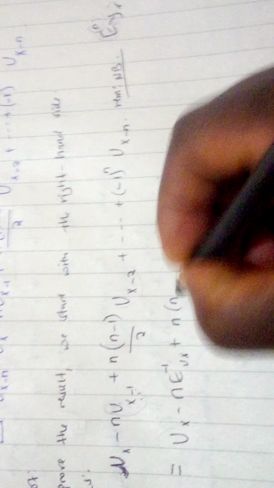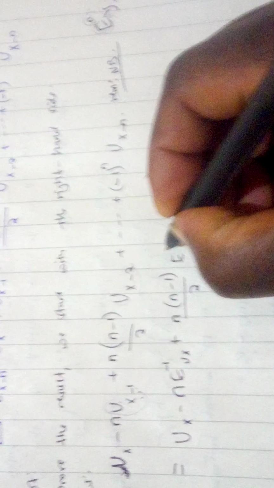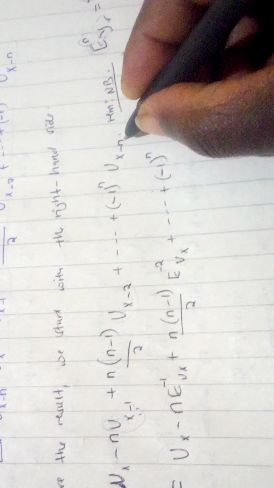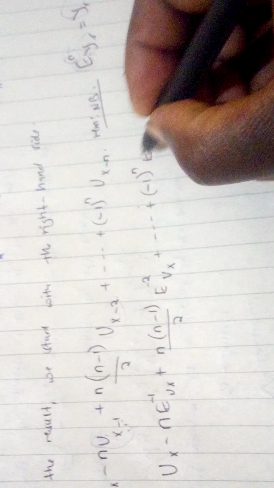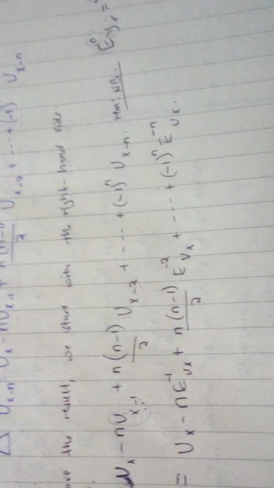Are we together? Plus n(n minus 1) divided by 2, we replace this with the shift operator E to power negative 2 u(x), plus negative 1 to power n, we replace this with the shift operator E to power negative n u(x). So are we together up to that point?